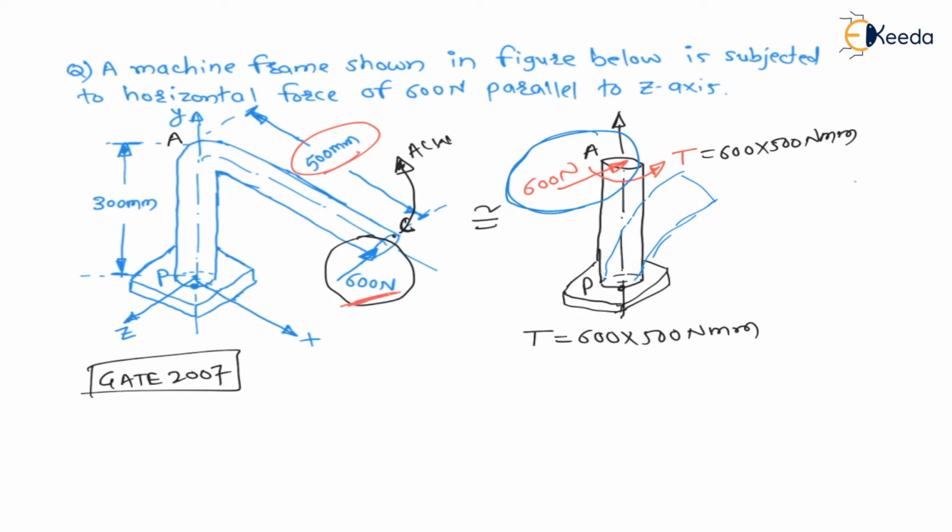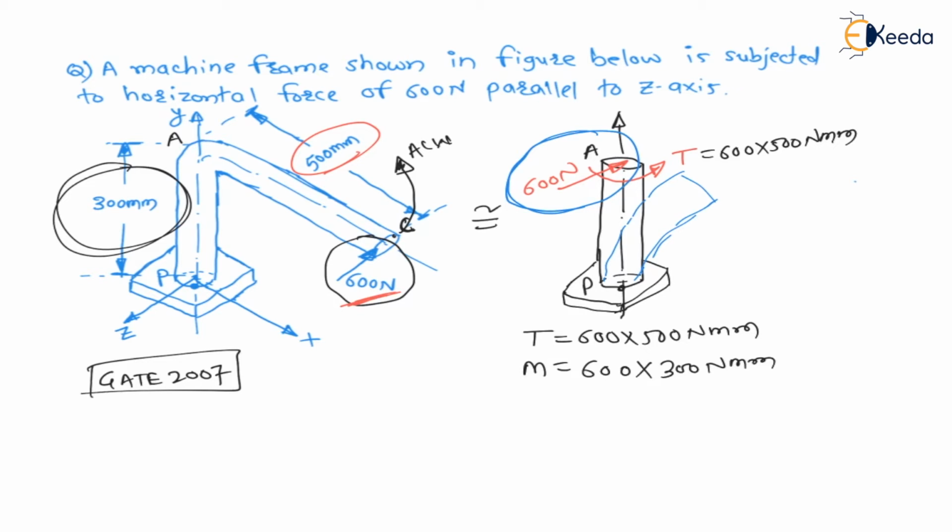Due to this bending, there is a bending moment of magnitude 600 into distance 300, 300 mm is the distance, so 600 into 300 Newton mm. This is a bending moment on the element.